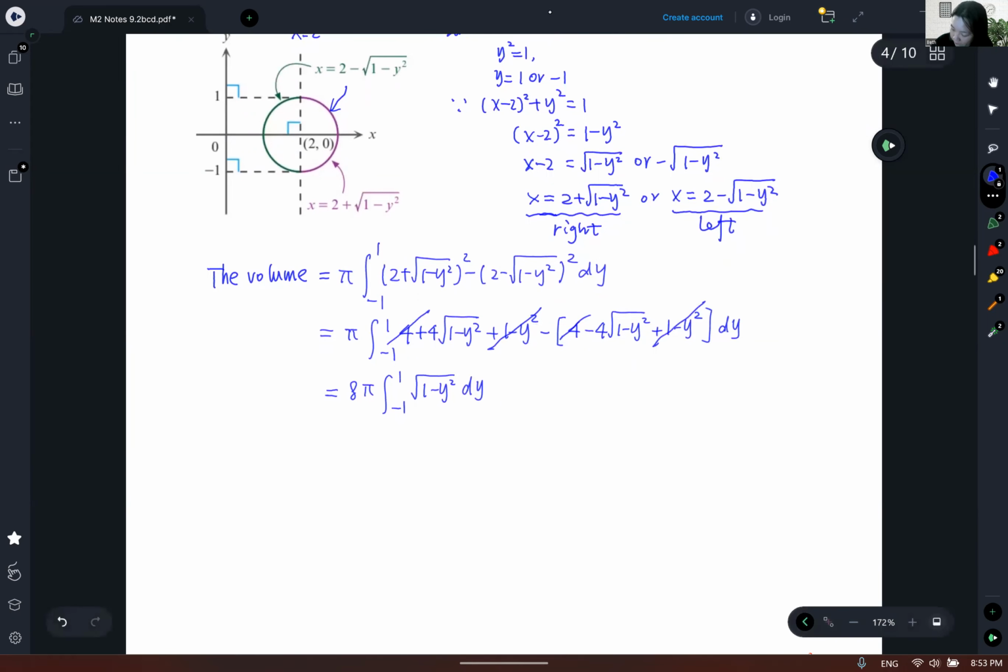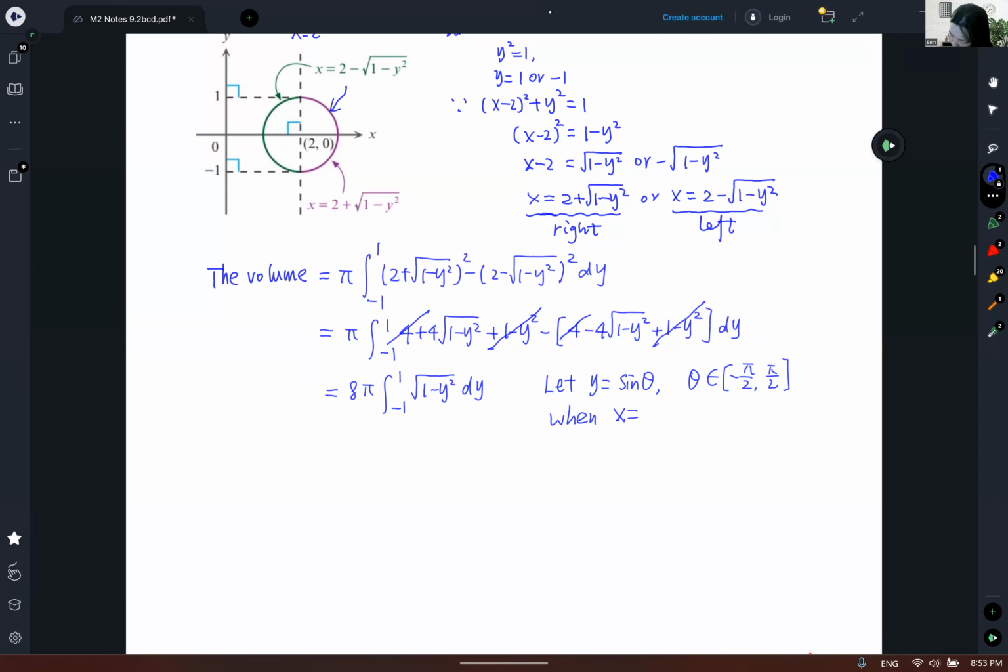So bear with me. Let y equal sine theta, where theta is from negative pi over 2 to pi over 2.